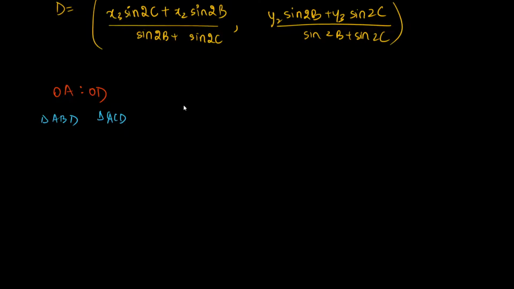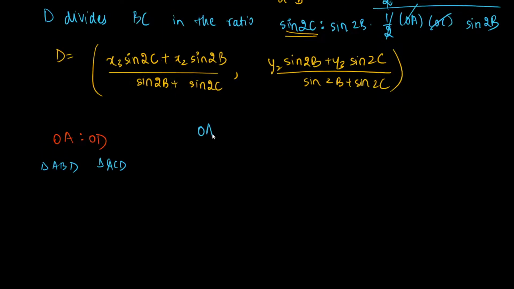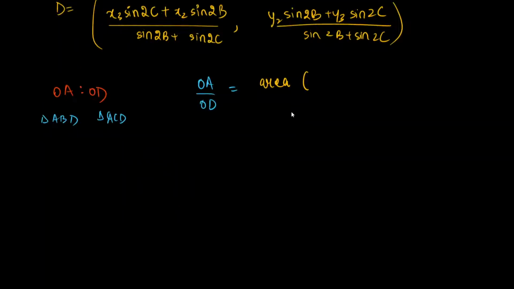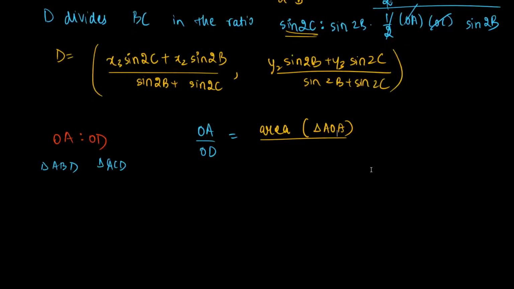So in triangle ABD, OA over OD is equal to the area of triangle AOB divided by the area of triangle BOD. Corresponding to OA you have the triangle AOB, and corresponding to OD you have the triangle BOD.